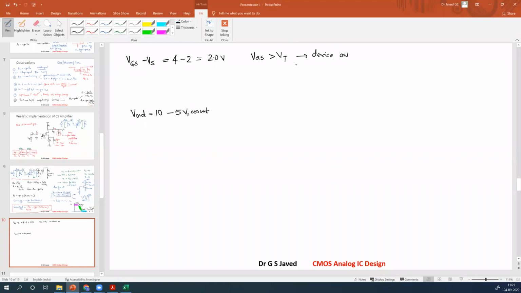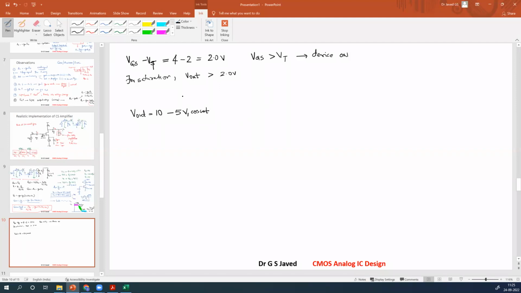So what is the minimum saturation voltage it has to maintain? VGS minus VT. So for saturation, the total output voltage should be larger than the VGS minus VT value, and that value is 2 volt. For anything less than that, it will go away.